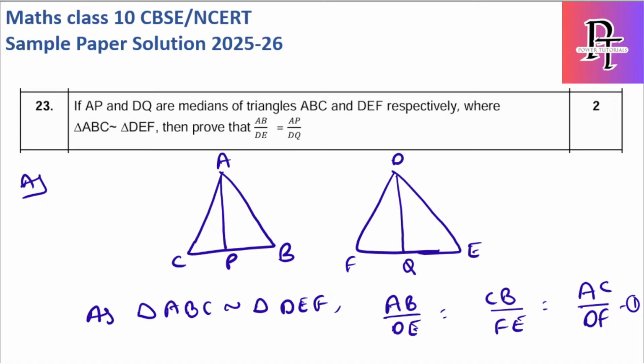Okay, so now if you consider CP, it is nothing but half of BC, because it is a midpoint. Same way FQ, if you consider, it is nothing but half of EF.